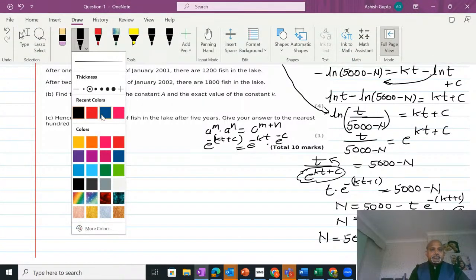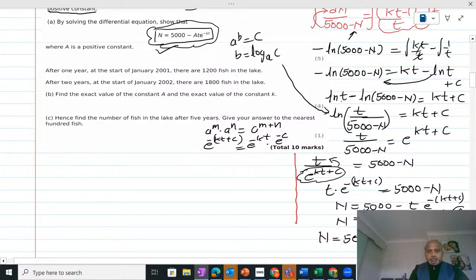Here we are starting the B part. They are saying after 1 year, the start of January 2001. Remember, this process started in January 2000. Now in January 2001, there are 1200 fish.